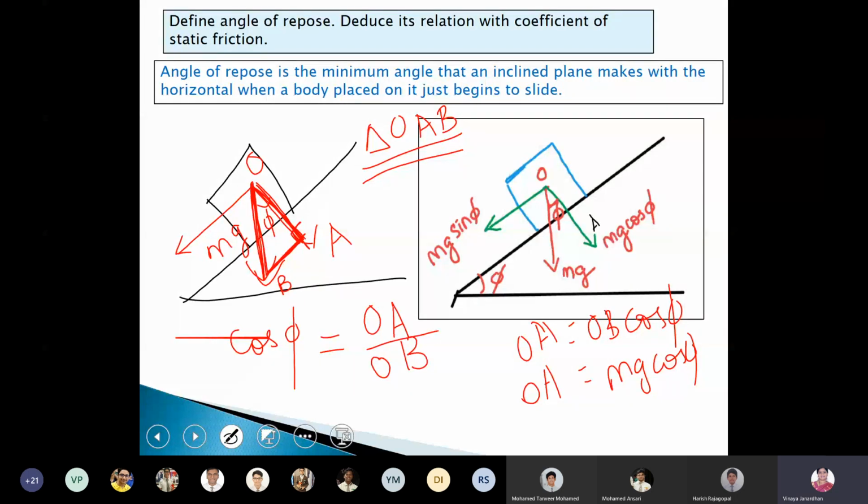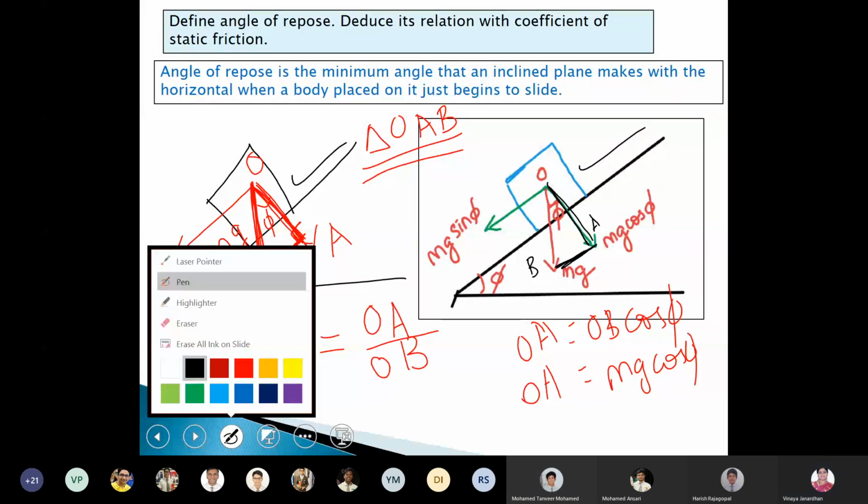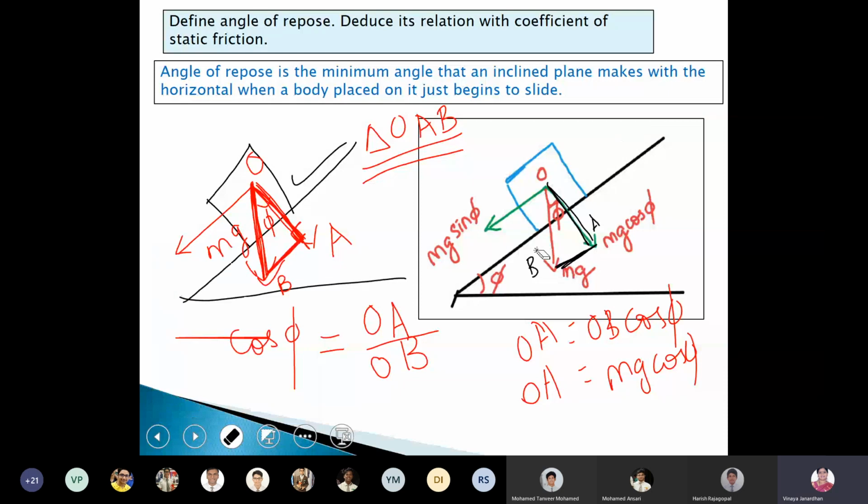This is OA, this is OB. Can you identify the triangle OAB in the diagram also, boys? Yes, ma'am. I don't want to make this confusing. So now this part is over.